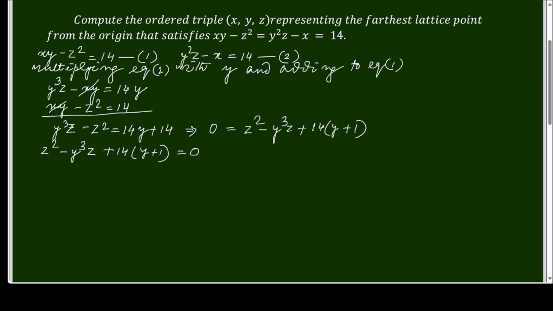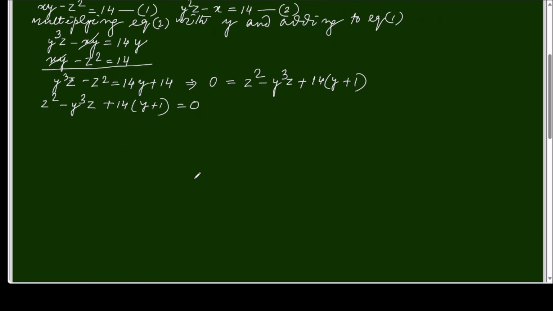So I can write z in terms of y by applying the quadratic formula. Here b is -y^3, so z equals y^3 plus minus the square root of b^2, that is y^3 squared, y to the power 6, minus 4 times 14 into (y + 1), whole divided by 2.